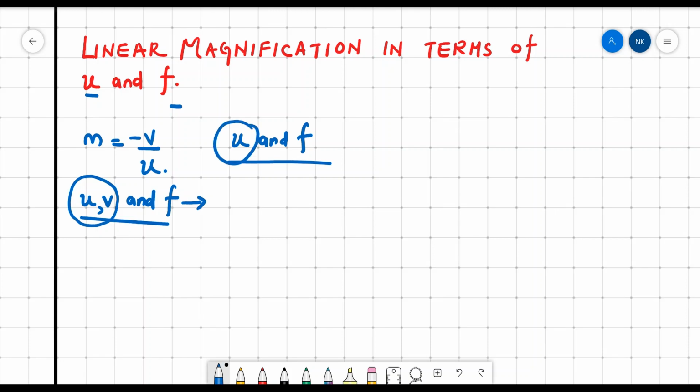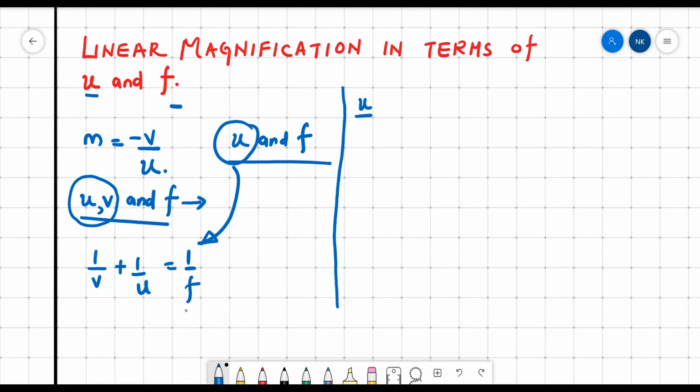So what you need to do is, in our mirror formula, that is 1 by V plus 1 by U equals 1 by F, you multiply this entire expression with U, because it is in terms of U and F. So when we multiply this with U, the first term is going to be U by V, plus the second term is going to be 1, equal to U by F. So this can be written as U by V equals U by F minus 1.